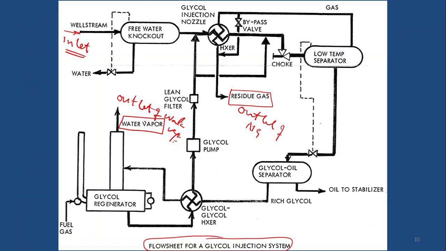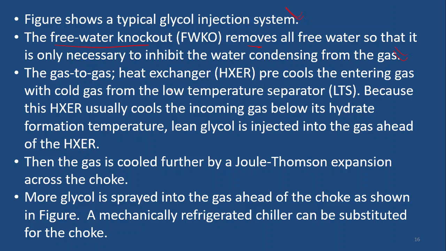So the first thing is the free water knockout, where we can remove the freely available liquid water. In this way, the free water is removed from the natural gas. We are now at this location.